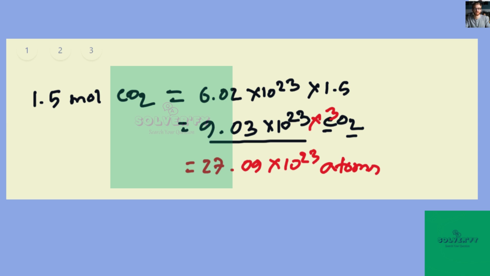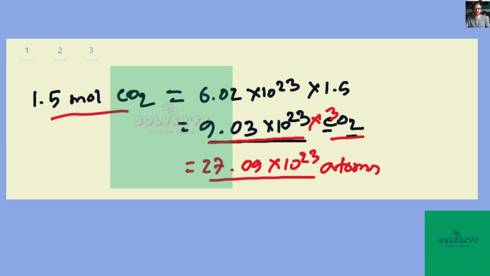So again, in 1.5 mole of CO2, we have 9.03 times 10 to the power 23 molecules of CO2, and in one molecule of CO2 we have three atoms. That means in this number of molecules of CO2 we have this number of atoms.